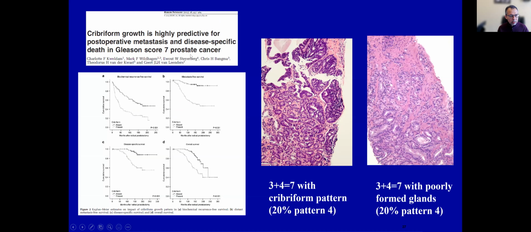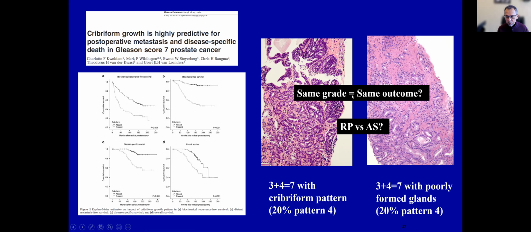There is also evidence that when you are dealing with a Gleason score 7 situation, with grade group 2 or grade group 3 prostate cancer, cribriform growth is highly predictive of postoperative metastasis and disease-specific death. That brings up an important point: when you have two patients, both grade group 2 or 3 plus 4 equals 7, one with cribriform pattern 4 and one without cribriform pattern 4, such as poorly formed glands, is there a difference in survival or outcome?